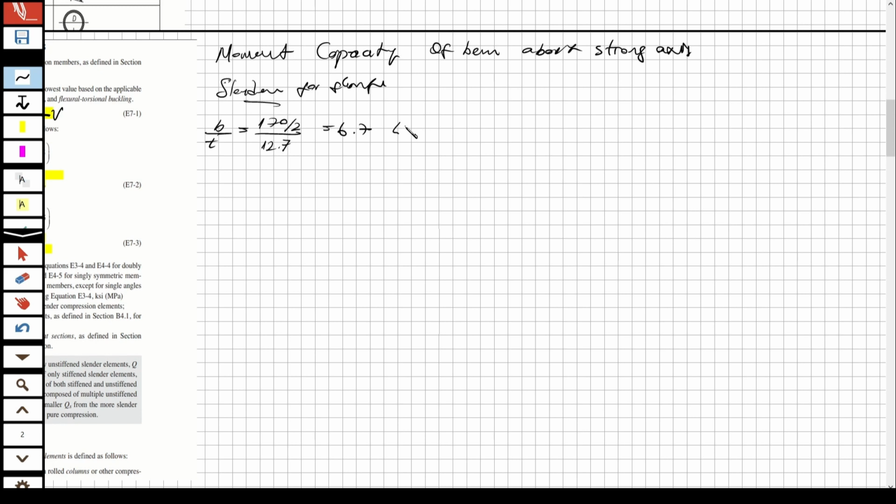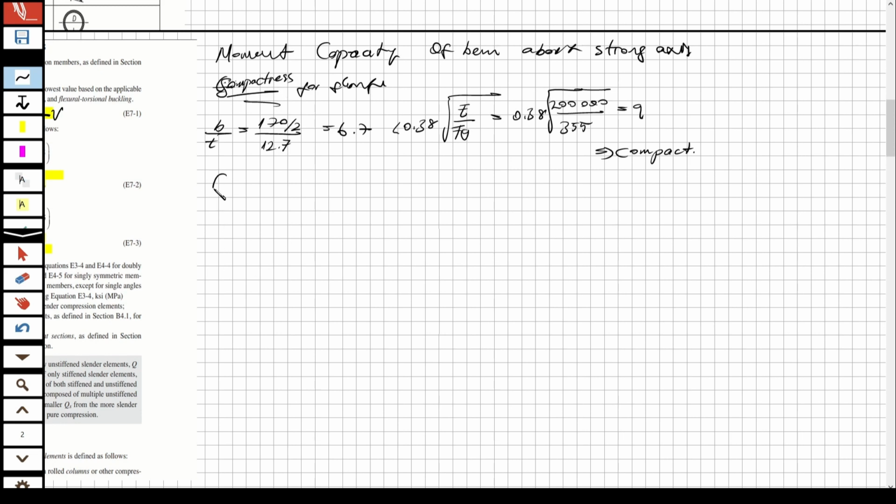This is going to be smaller than 0.38 multiplied by the square root of the modulus of elasticity over Fy, so 0.38 multiplied by 200,000 over 355, right? So this is 9. And this flange is compact. Sorry, it's not slenderness, this is compactness. I made a mistake. Compactness, actually, you can write it like that.